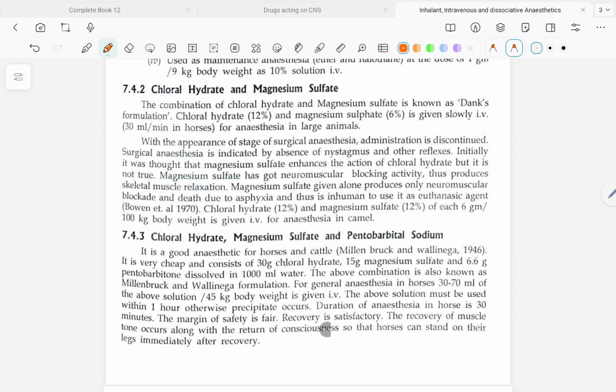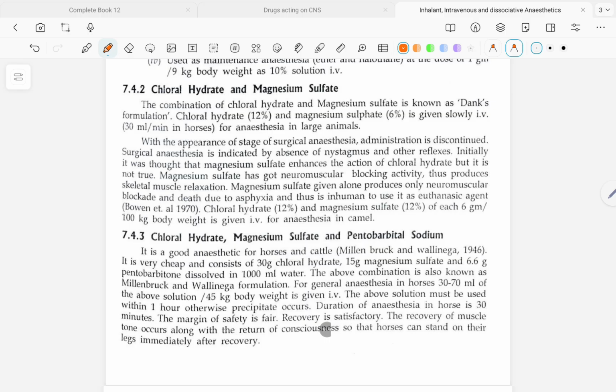Initially, it was thought that magnesium sulfate enhanced the action of chloral hydrate, but this is not true. Magnesium sulfate has neuromuscular blocking activity, thus produces skeletal muscle relaxation.